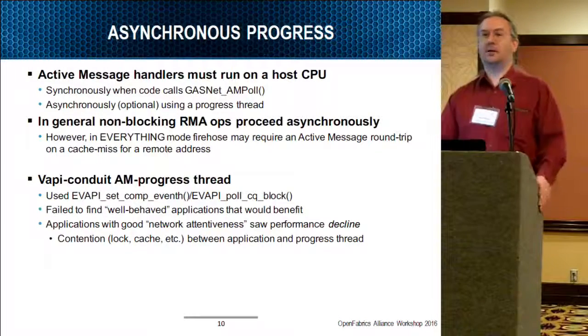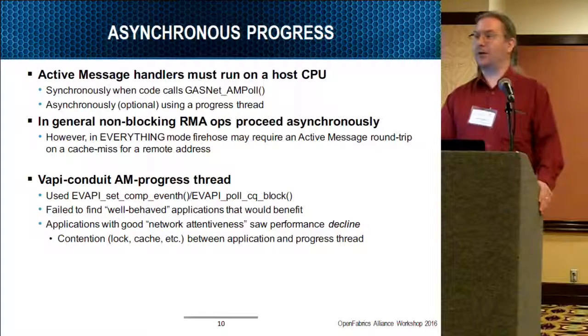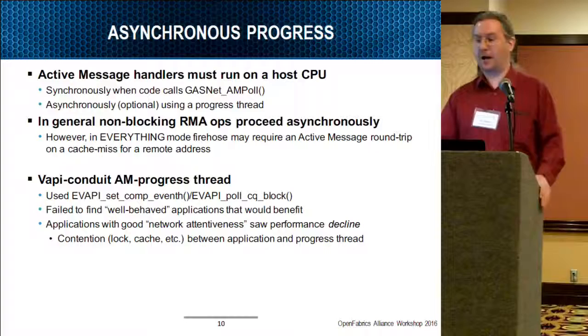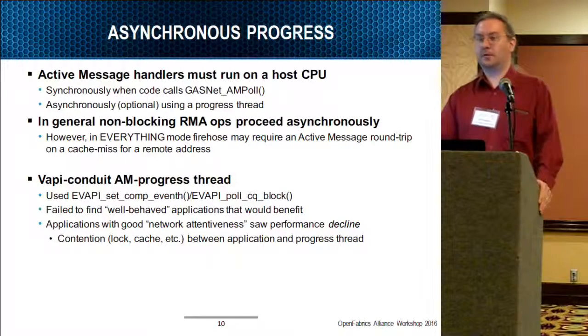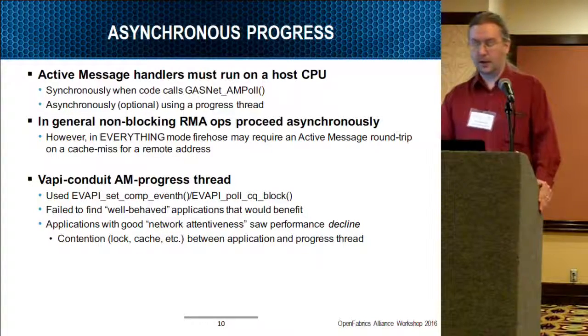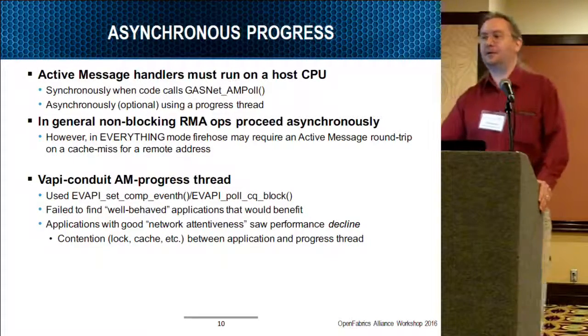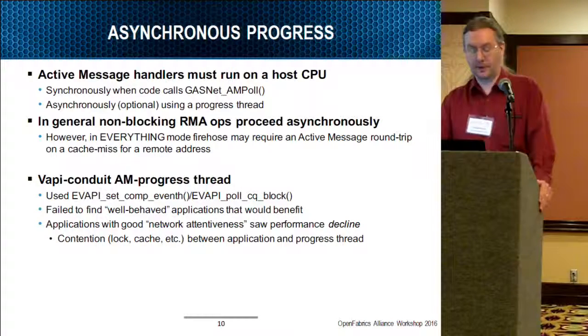So in the VAPI conduit, whatever is 12-year-old technology now, we use the things that were provided by Mellanox at the time to set up the ability for a thread to basically go to sleep, blocking until things showed up in the completion queue. Unfortunately, we failed at that time to actually find it to be beneficial.